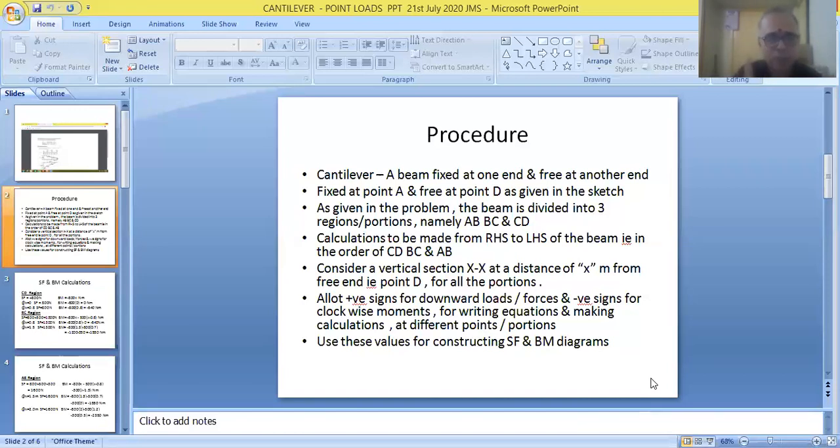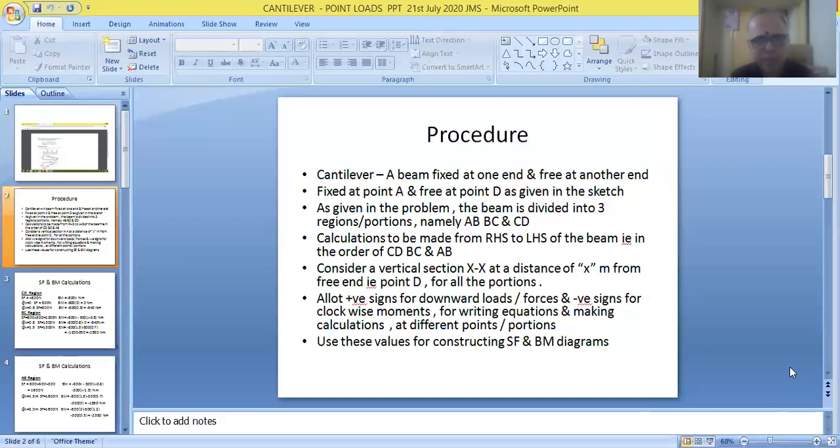So a negative symbol has to be allotted for indicating clockwise movements. And similarly, if a force is acting in upward direction, the beam will have a tendency to move in anti-clockwise direction. So a positive symbol must be allotted for indicating anti-clockwise movements.